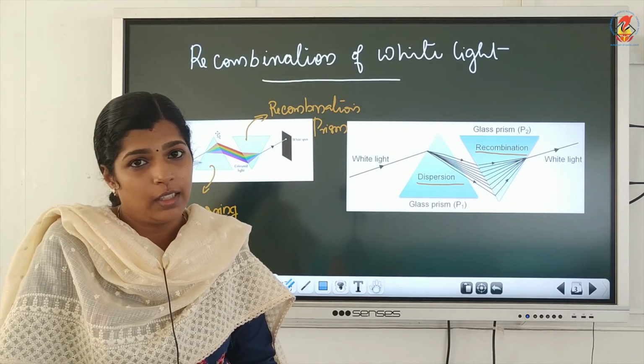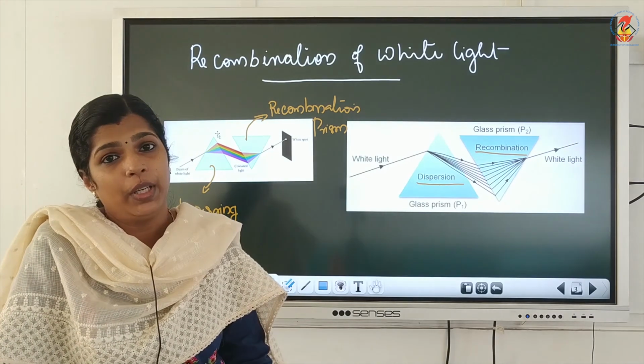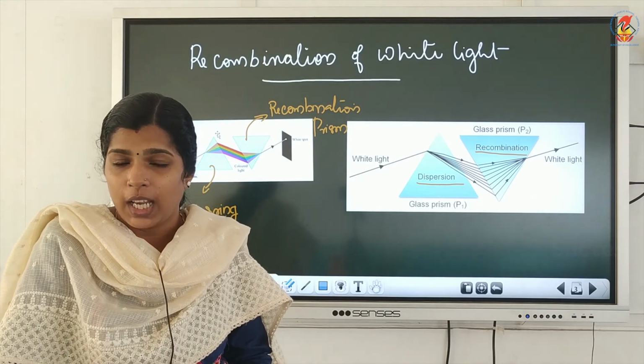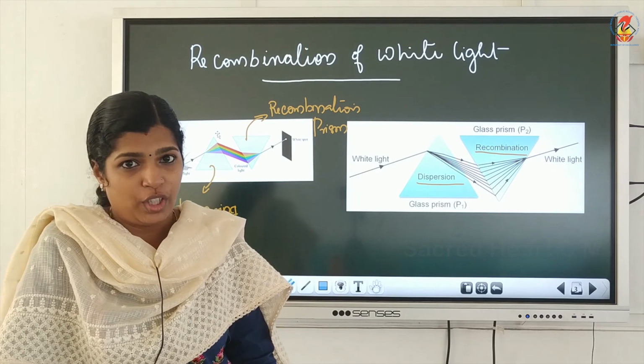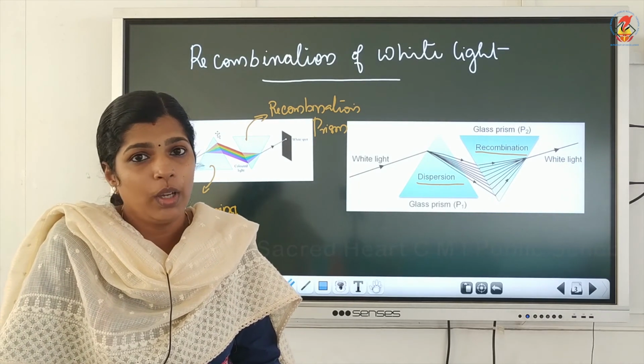All the 7 colors appear to be mixed up and we get white light, due to the persistence of our vision.